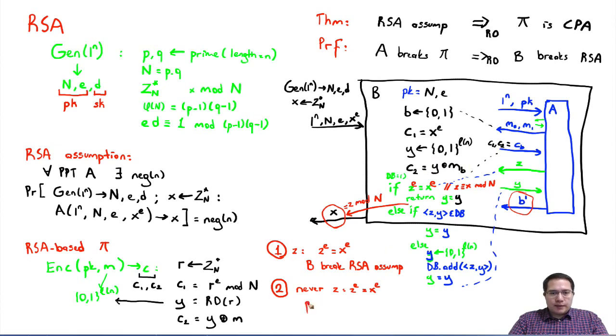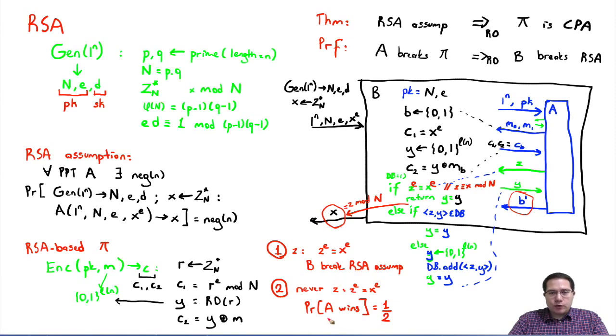So the probability that A wins, given that A never queries for, let's say, x, is exactly 1 over 2. We know this through perfect security of the one-time pad, and the fact that for a random oracle, if A never queried the random oracle on that value, A has no idea about the corresponding output.